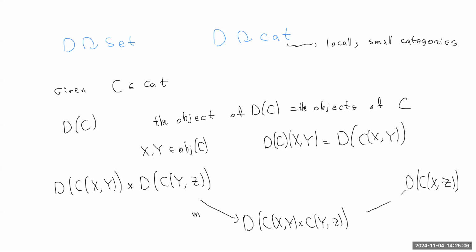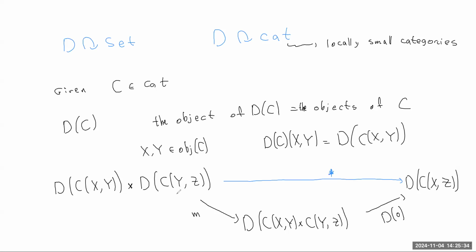And then we apply D of M, D of the normal composition of this, which is the composition in C, the original category, okay? So this will be the definition of this composition. We will call this composition usually by this. This is the composition. So this defines this composition.